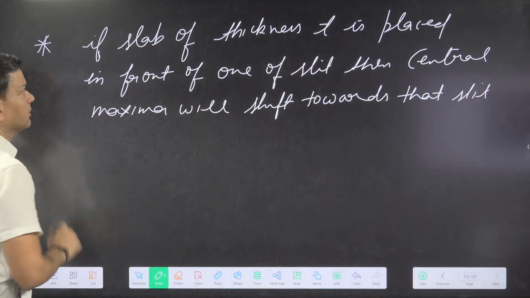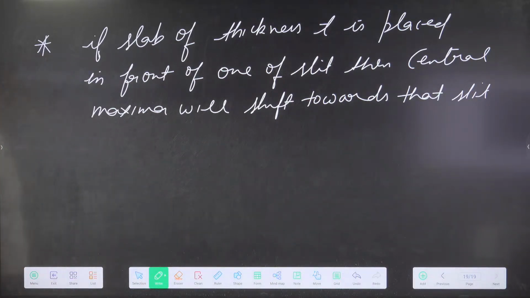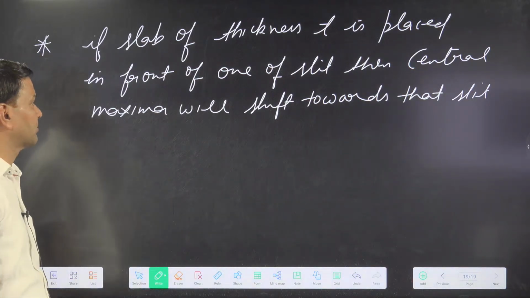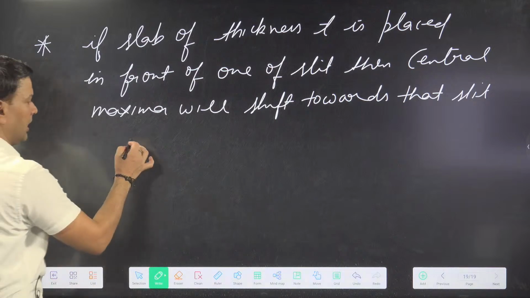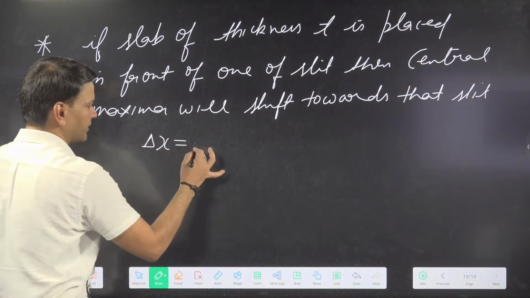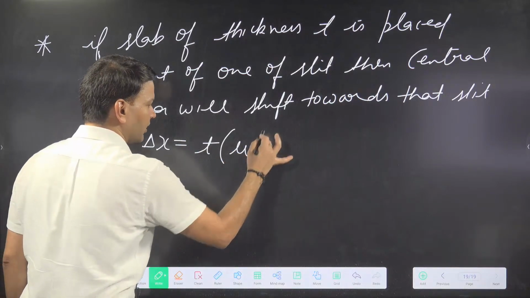The path difference in that case will be T into (mu minus 1).